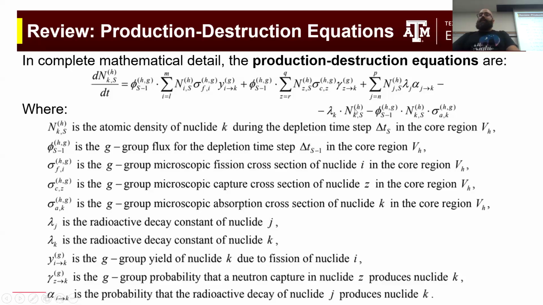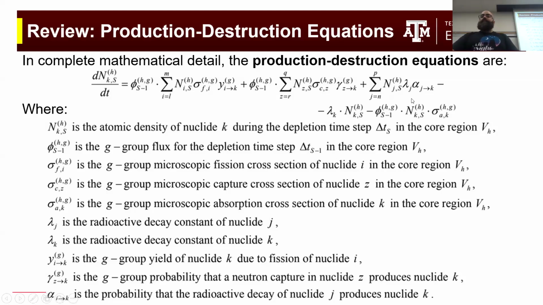And then these are the loss mechanisms of isotope K, where this is a decay rate density for the isotope K. Notice we have a lambda K and a number density of K. If K is some radioactive isotope, then that is the rate at which it is lost because it itself is radioactive and decays.